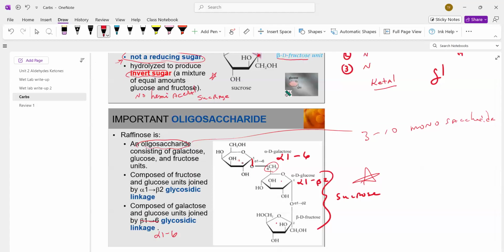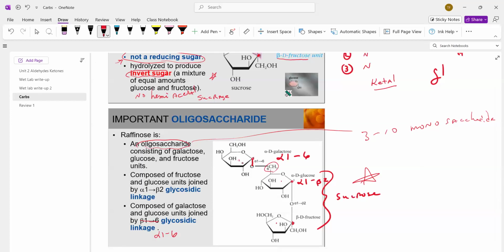Okay, so let's look at here. Number one, what are the linkages? For the top linkage, we're hooking up to carbon number one, the anomeric carbon, and it's going down, so it's an alpha. And it's hooking up to carbon number 6, so it's an alpha 1,6.